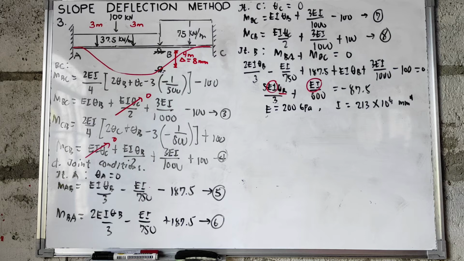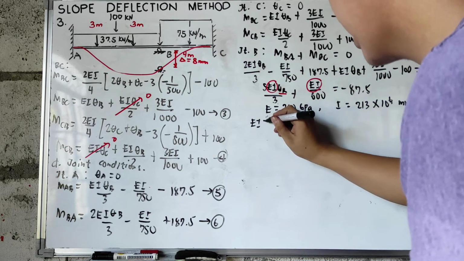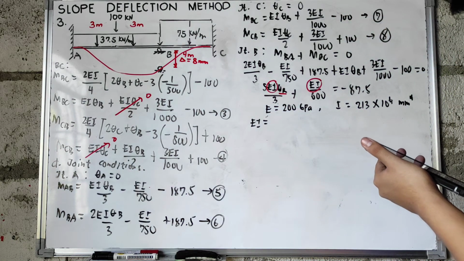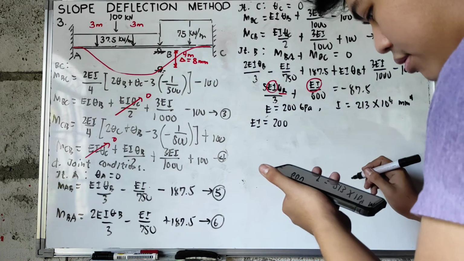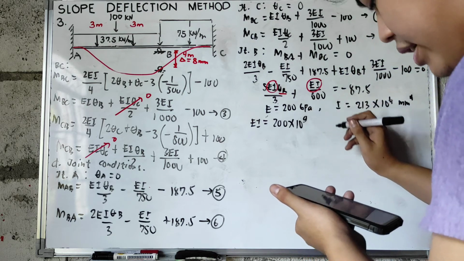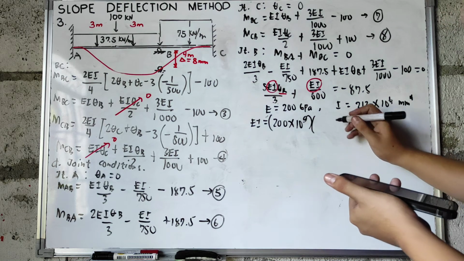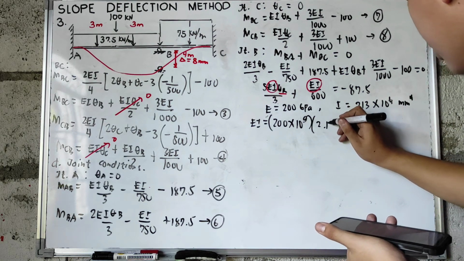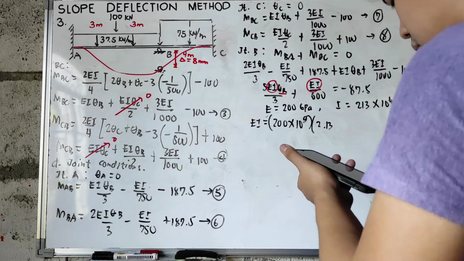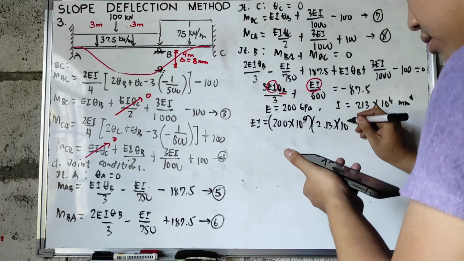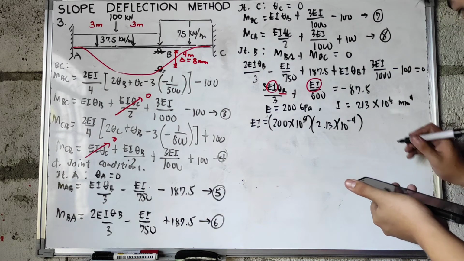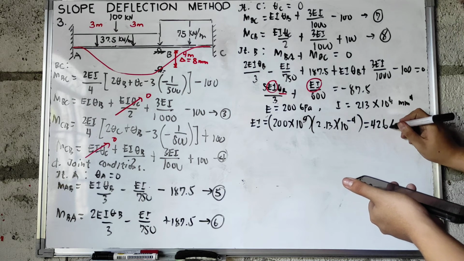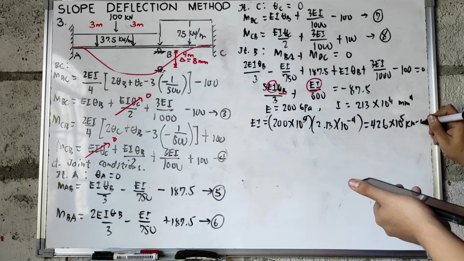If you are going to solve for the value of your EI in terms of kilonewton meter squared, we just multiply our EI. So our EI will become 200 times 10 raised to 9, multiplied by 2.13 times 10 raised to negative 4, because we will make this meter squared, which is equal to 426 times 10 raised to 5 kilonewton meter squared.